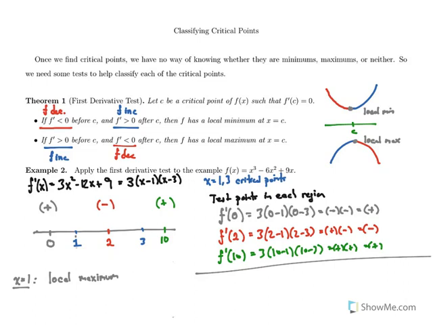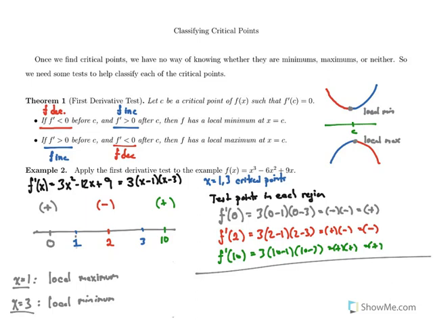The function is increasing before and decreasing after. And then x equals 3 will be a local min, as it is decreasing before, increasing after. The derivative is negative before, positive after.